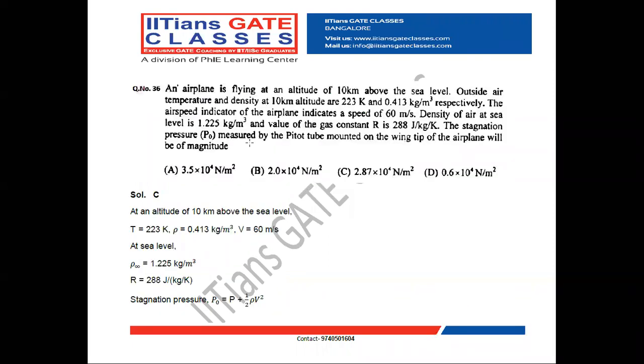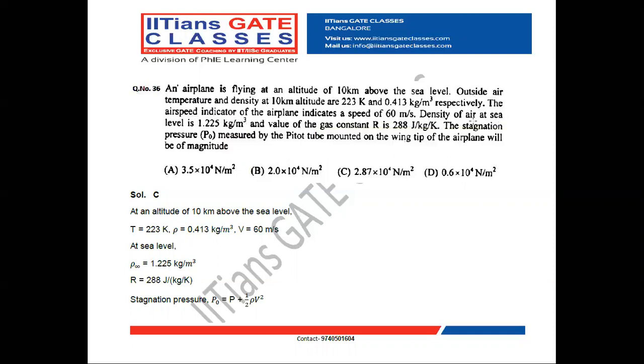Question number 36. An airplane is flying at an altitude of 10 kilometers above sea level. The outside air temperature and density at 10 kilometer altitude are 223 Kelvin and 0.413 kilogram per meter cube respectively. The airspeed indicator of the airplane indicates a speed of 60 meter per second.